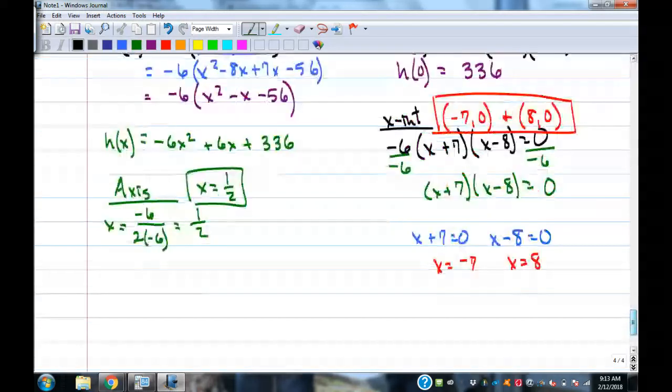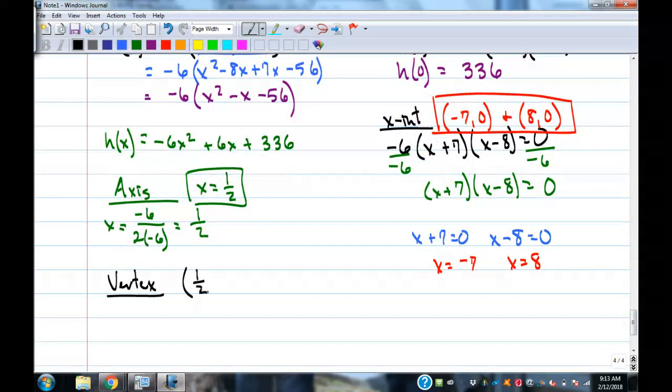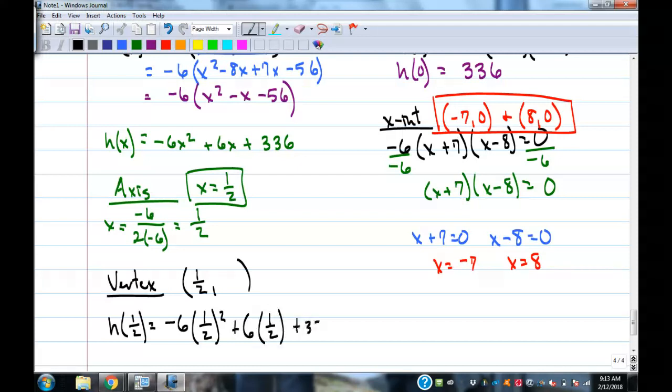And then we can find our vertex by just plugging that in. 1/2 and then something. H of 1/2. Negative 6 times 1/2 squared plus 6 times 1/2 plus 336.